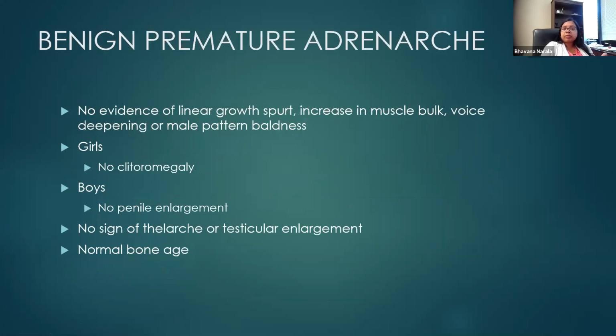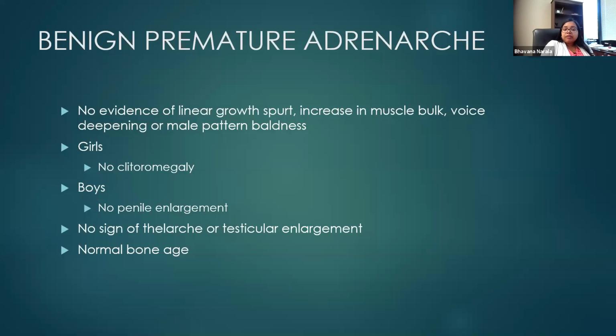In benign premature adrenarche, they just have evidence of maybe pubic hair, body odor, acne, and oily skin, but they should not have any evidence of linear growth spurt, increase in muscle mass, voice deepening, or male pattern baldness. In girls, you should not see any clitomegaly, and boys should not have any penile enlargement.